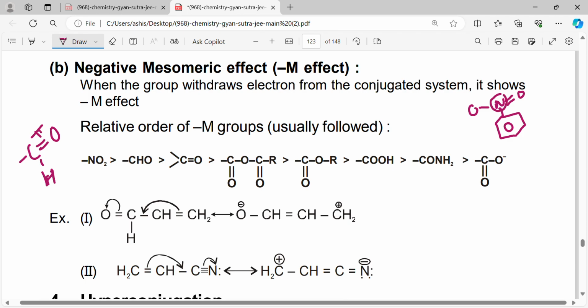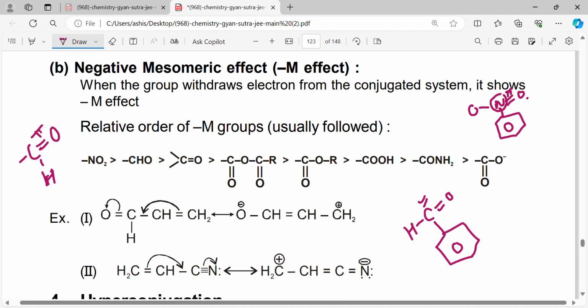Suppose we are writing N double bond O and O. Here nitrogen is our key atom and this nitrogen is bonded with an oxygen atom through a pi bond. So it means our key atom is attached to an electronegative atom using a pi bond. So the NO2 group will show minus M effect. Again, suppose we have C double bond OH.